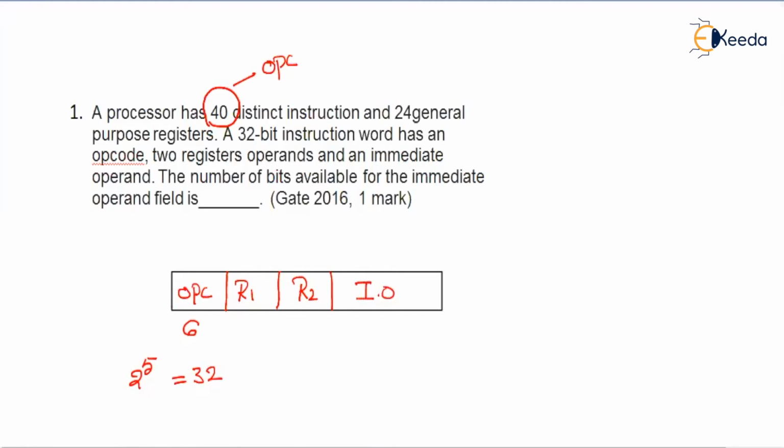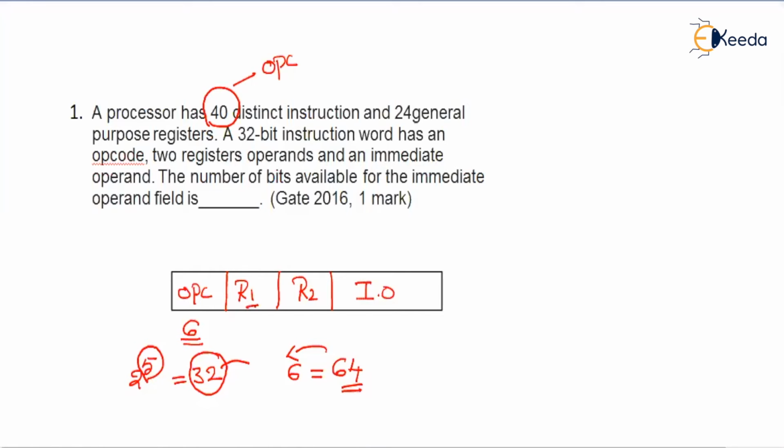If the opcode field is 5 bits, I can represent a maximum of 32 different opcodes, but 32 is not sufficient as the number of opcodes is 40. So I require 6 bits, which can represent a maximum of 64 opcodes. Not all 64 are used, but I still need a 6-bit opcode field, because the number of opcodes is more than 32 and less than 64.